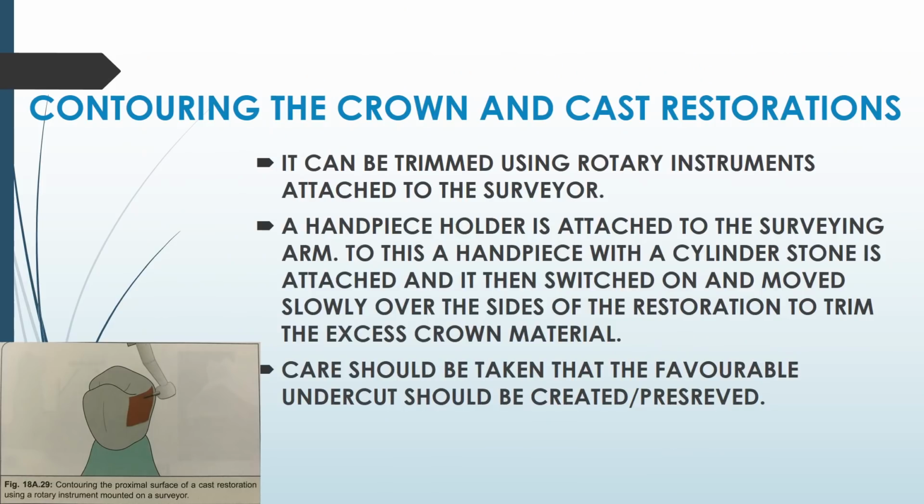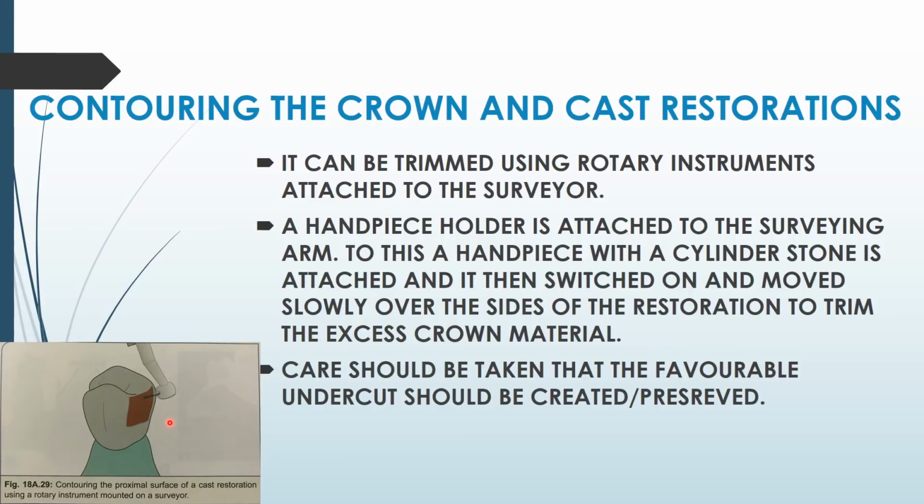The next is contouring the crown and cast restoration. It can be trimmed using the rotary instrument attached to the surveyor. If you are contouring the proximal surface of a cast restoration prepared on the abutment tooth or the crown, we can trim it with the help of a rotary instrument attached to the surveyor.